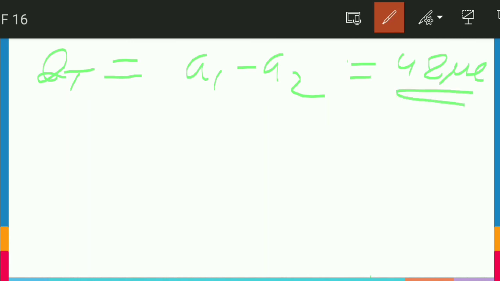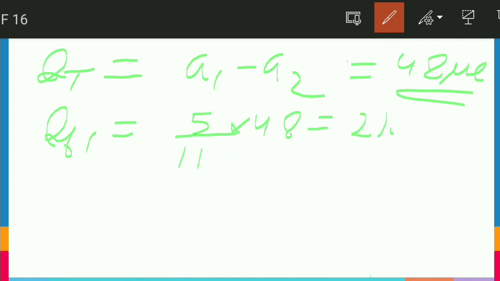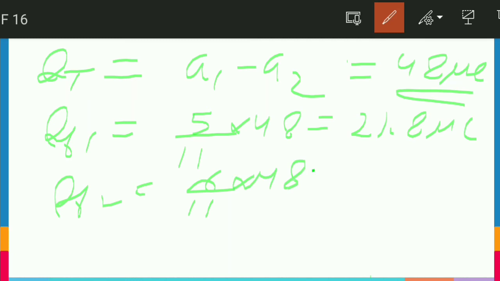Now this 48 microcoulomb will get divided in the ratio of capacitance. So Q final 1, the charge retained by the 5 microfarad capacitor, will be 5 by 11 times 48, which comes to 21.8 microcoulomb. Similarly, Q final 2 is 6 by 11 times 48, which comes to 26.2 microcoulomb.